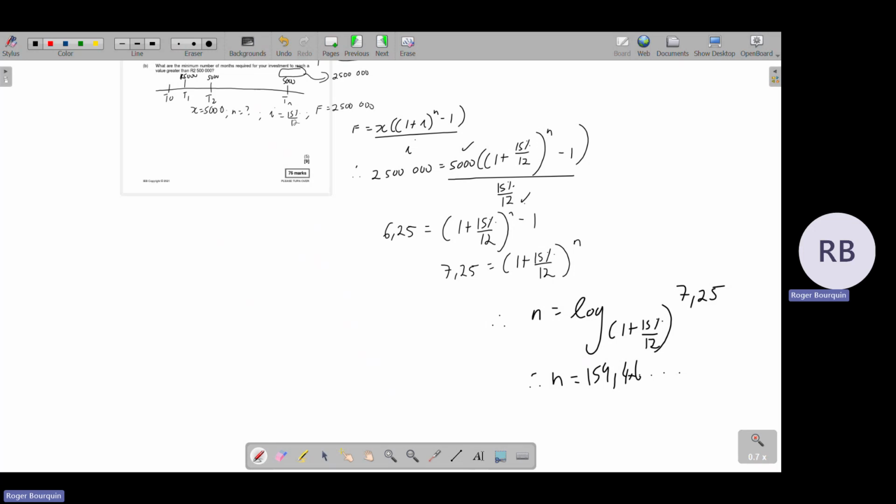Even if it's 159.1, you only have sufficient funds after your 160 payments. At 159 payments you wouldn't have enough. Therefore, you need to make 160 payments.